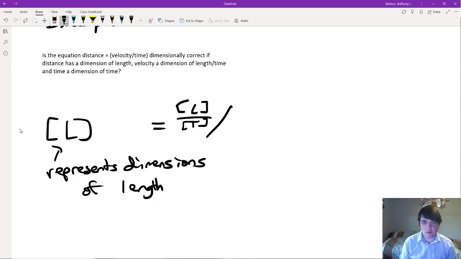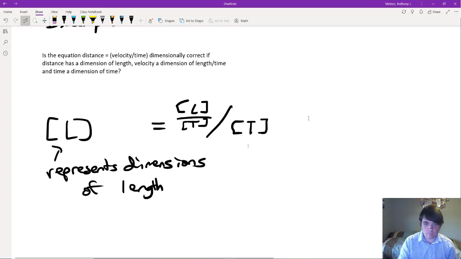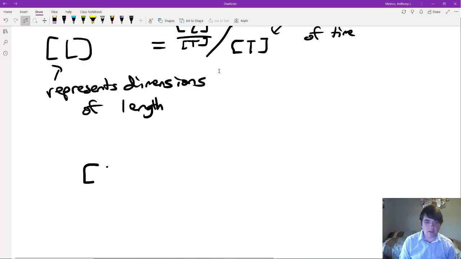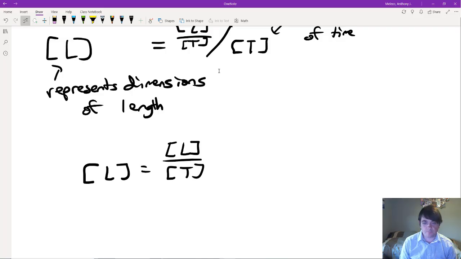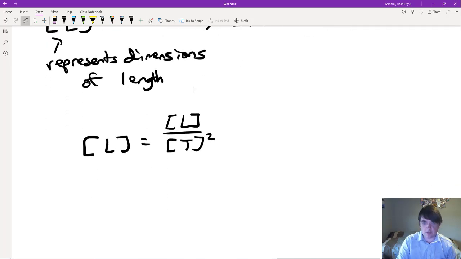And then it is divided by time, which has dimensions of time. So if we write that again, we would write length equals length over time squared, because length divided by time is length per time squared.